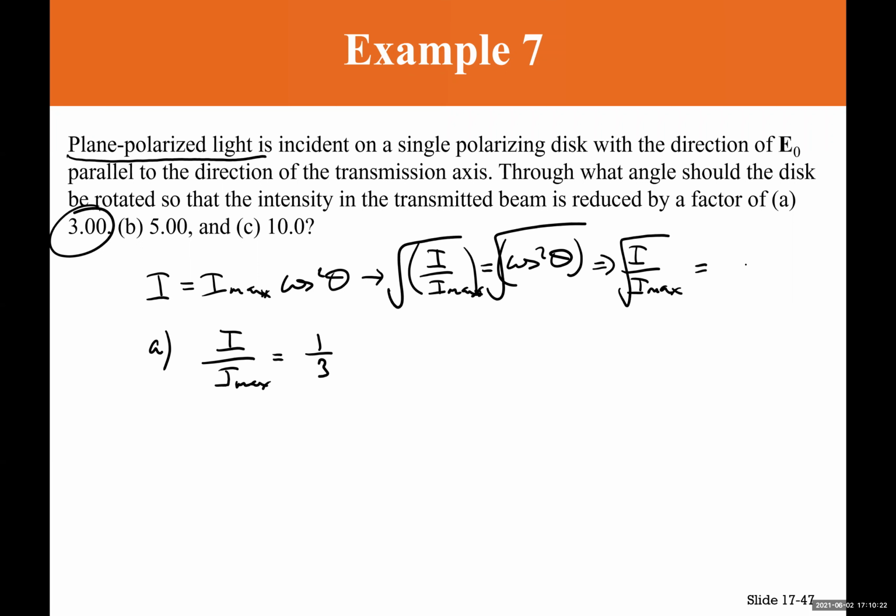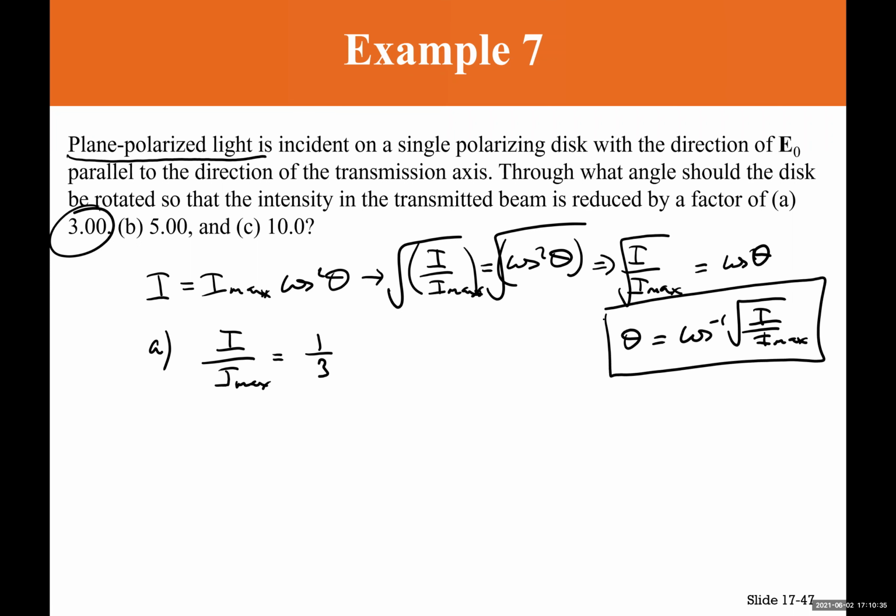Then I can say theta equals inverse cosine of the square root of I over I max. That's how I would calculate this theta.